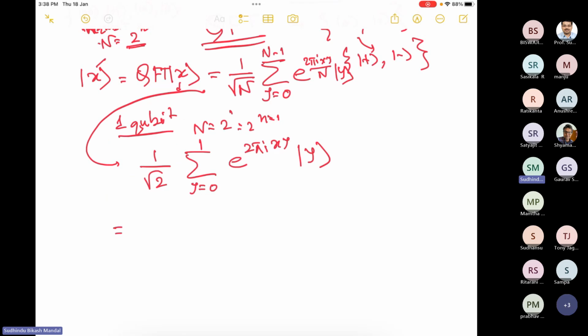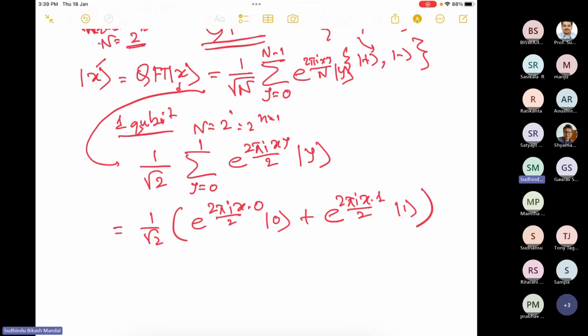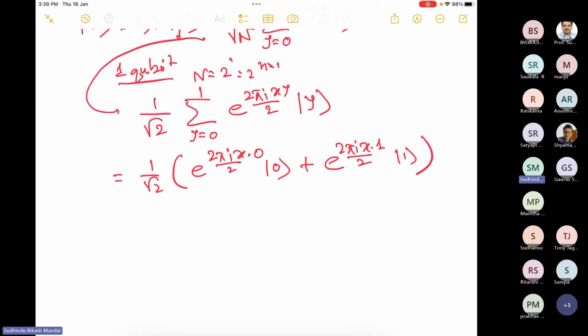Now if we expand this equation, what will happen? 1 by root 2: for y equal to 0, it is e to the power 2 pi i x times 0 by 2, |0>, plus e to the power 2 pi i x times 1 by 2, |1>.